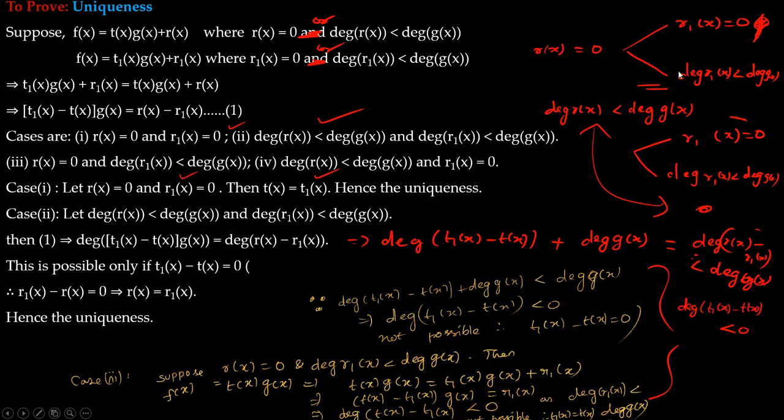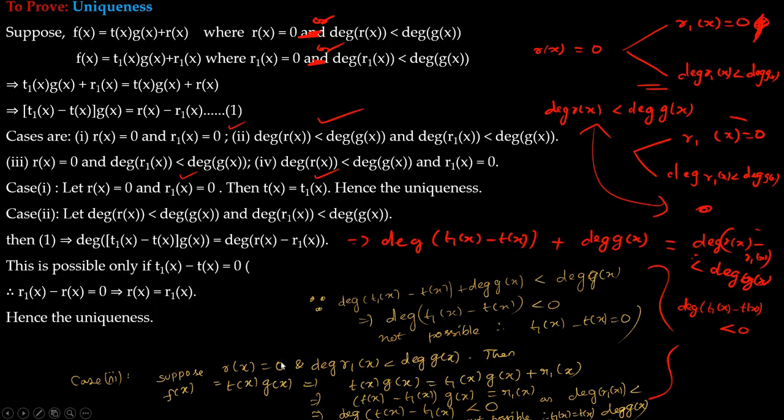Now we will consider the other possibility. R of x = 0 and degree of r1 of x is less than degree of g of x, or either one of them that we can consider. So here we have considered r of x = 0 and degree of r1 of x less than degree of g of x.